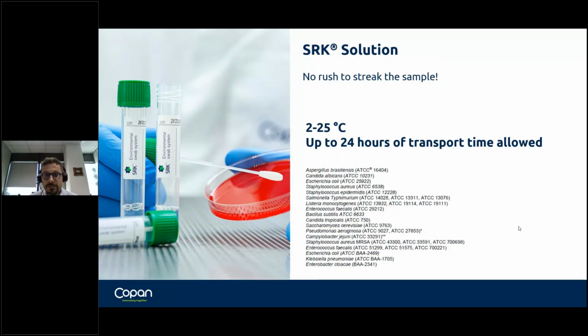And you have 24 hours from the collection to the time the sample needs to be streaked on a plate. The data that we have cover a very broad portfolio of microorganisms, normal flora or pathogens, that may be present on a surface that I want to detect.